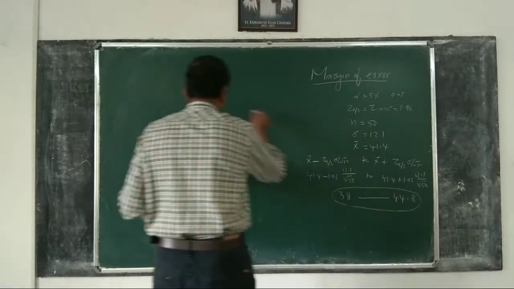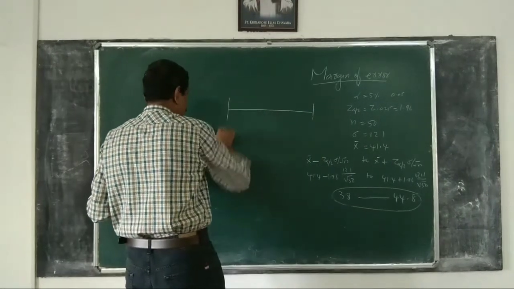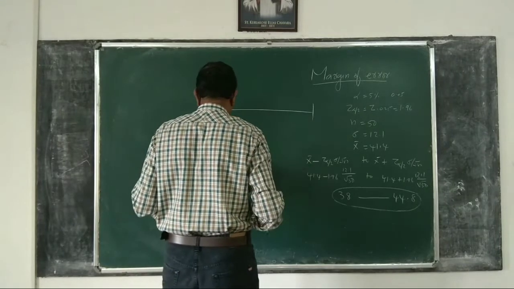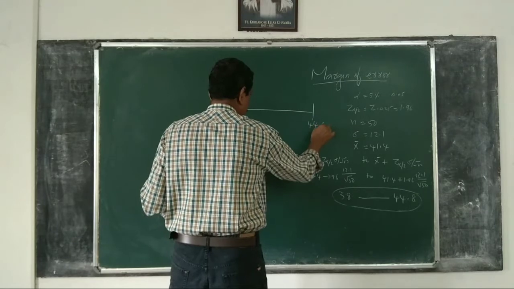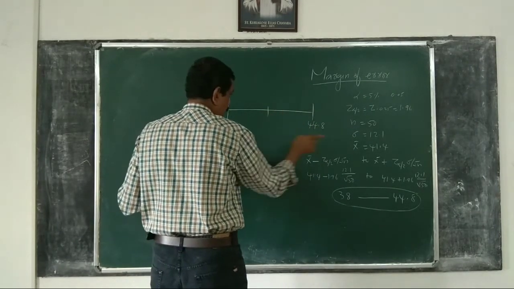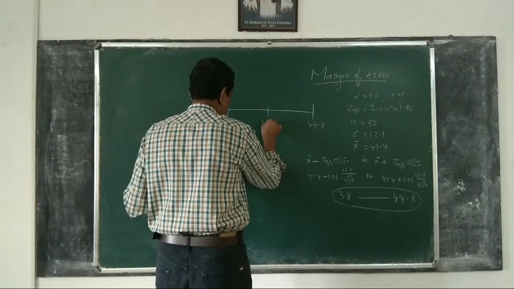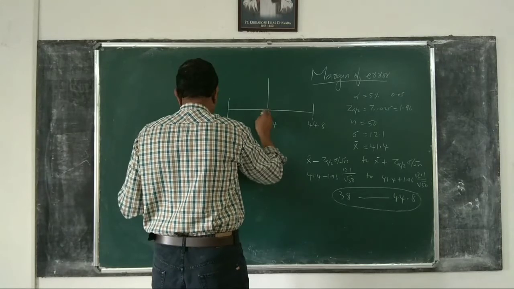So the 95% confidence interval for mu of the entire civilian labor force is 38 to 44.8, and the mean is 41.4. And what is this distance?